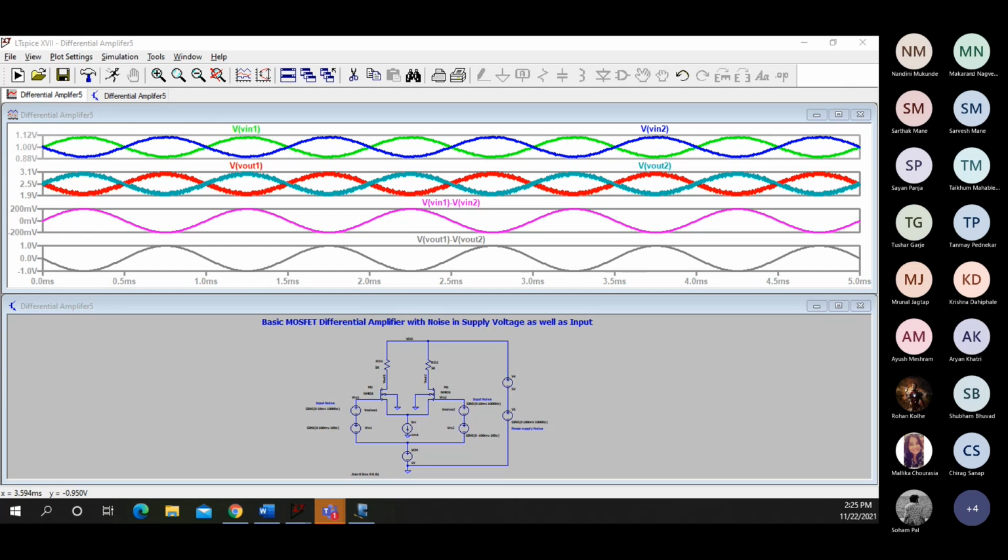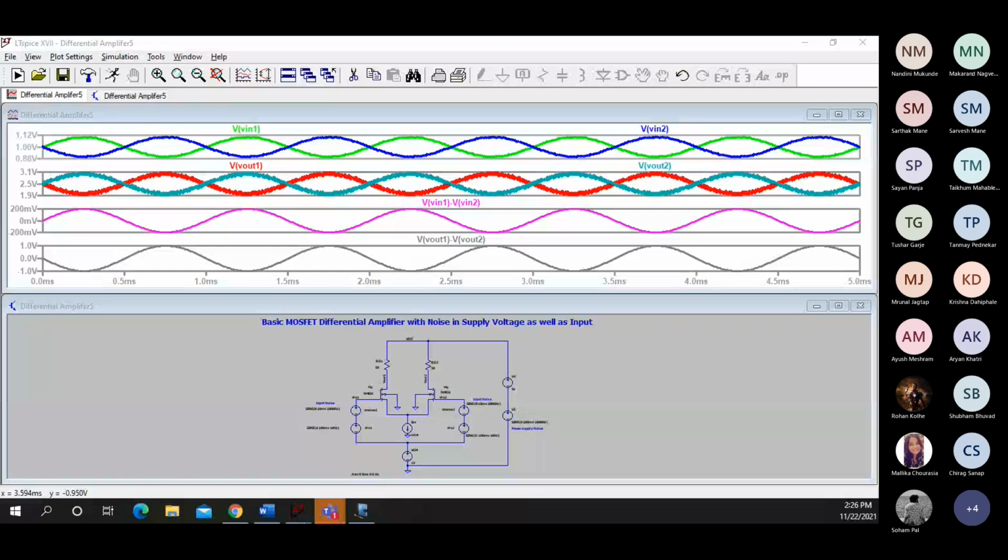Okay, Soham Jose, your output is correct. Sir, I have posted one screenshot. Sir, I have removed the other noise signal, so can that condition occur?